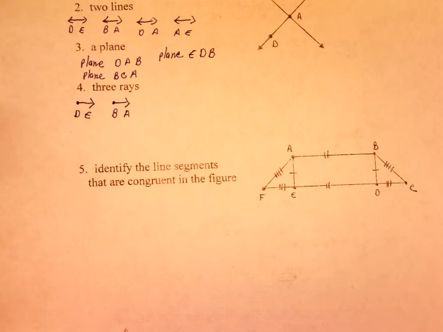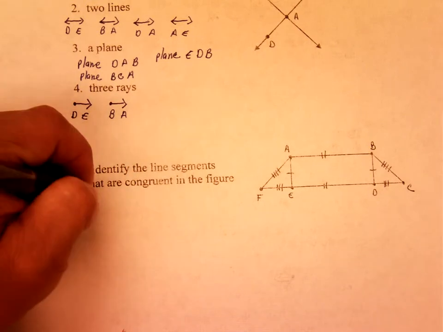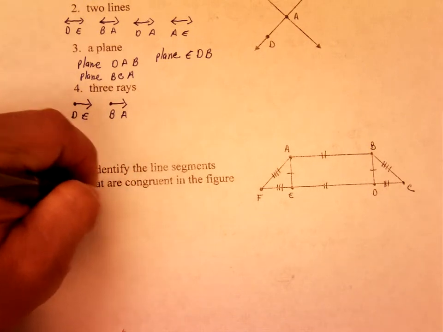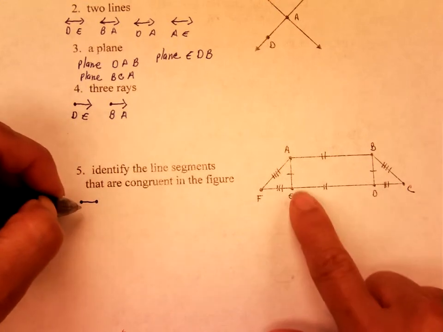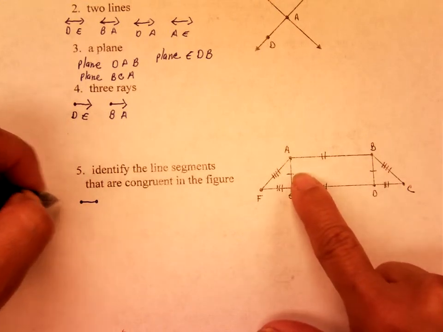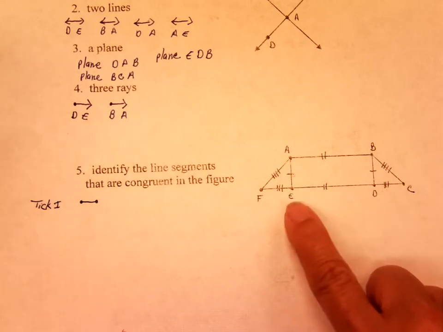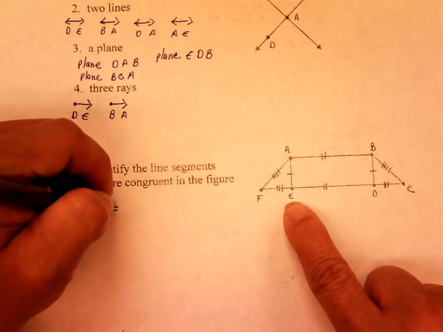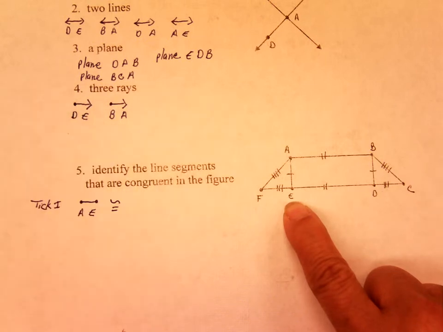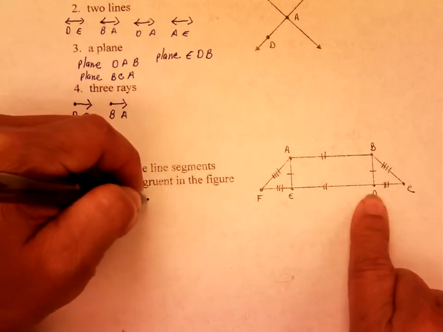Number 5, identify the line segments that are congruent in the figure. All right, remember, for a line segment you have to have the bar above it with the endpoints. So here I would look at the tick marks. Here's tick 1. It would be line segment AE is congruent to line segment BD.